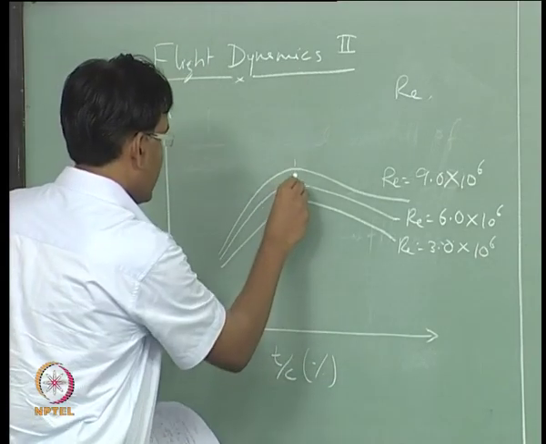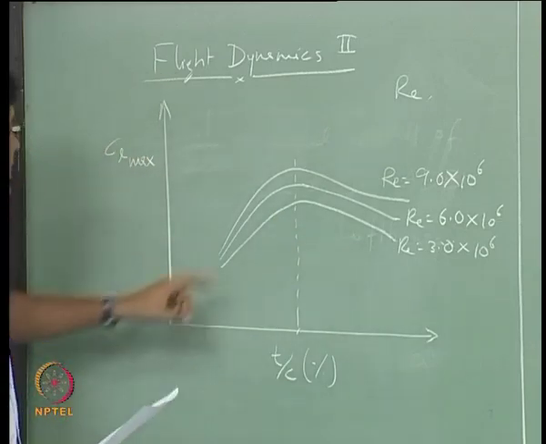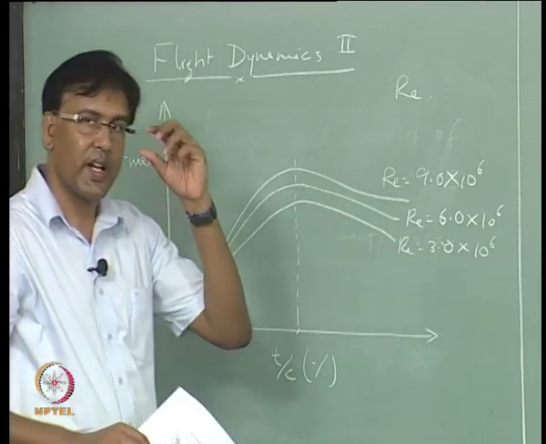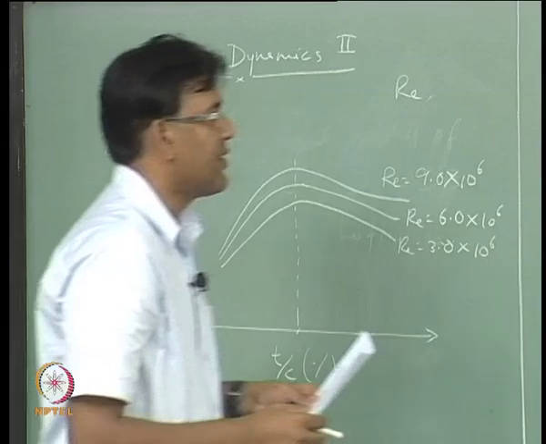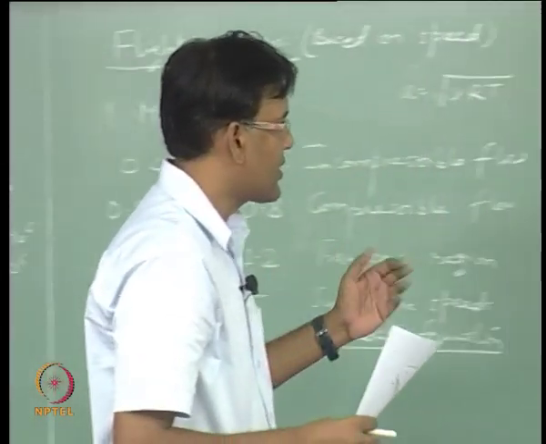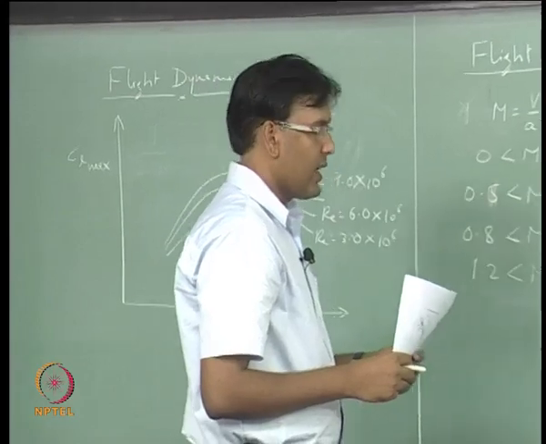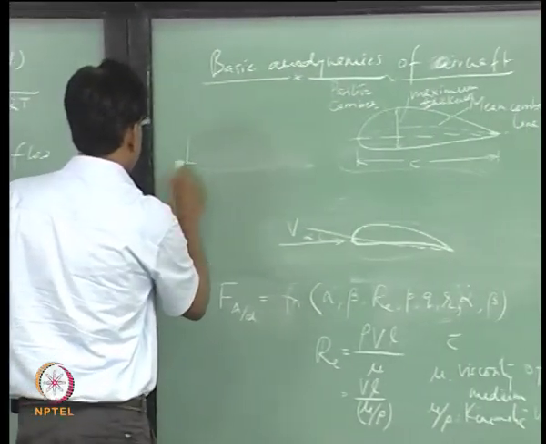So, clearly there is a t which is giving us the CL max in different speed of flow over the airfoil. So, we have chosen some airfoil depending upon our need, and so we are getting lift.